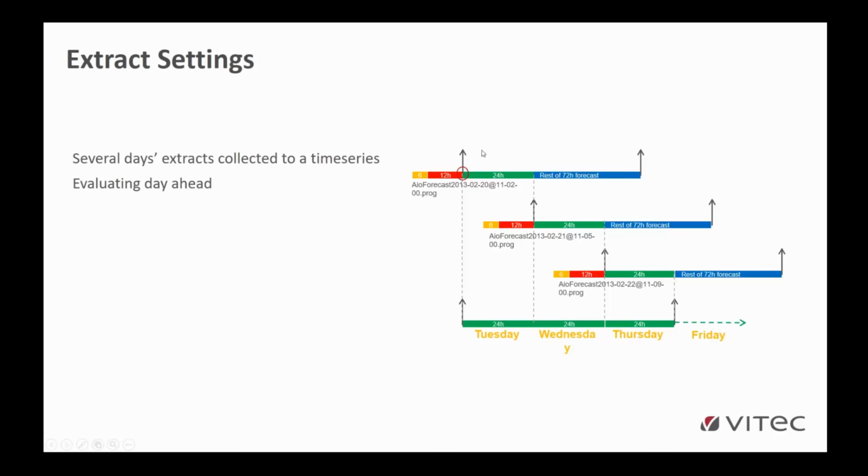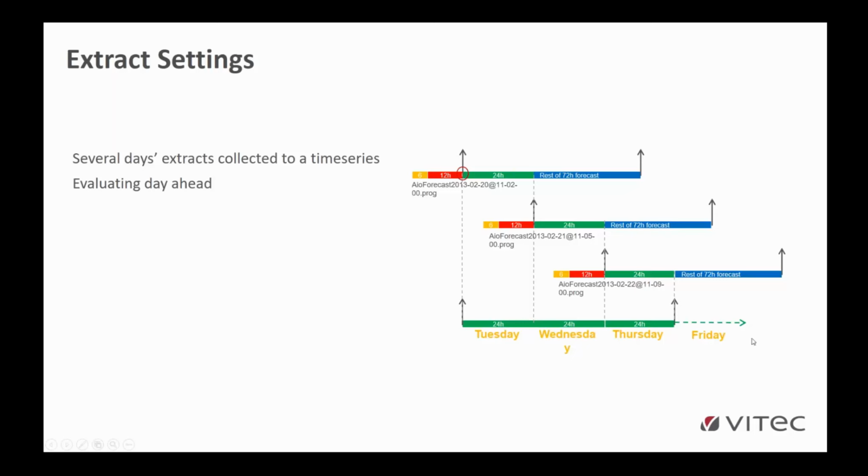First you have one forecast that is made, and you're picking out 24 hours from that. So you're cutting out 24 hours for Tuesday. Then the next day you have made a new forecast. Then you are taking 24 hours from that, and we're piecing it together with the Tuesday, and then Thursday, and so on.